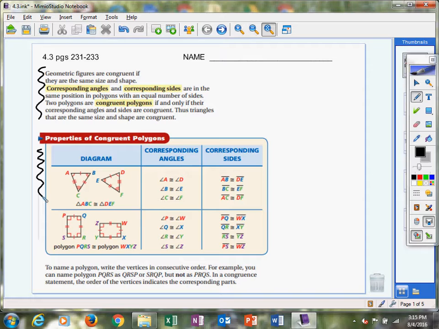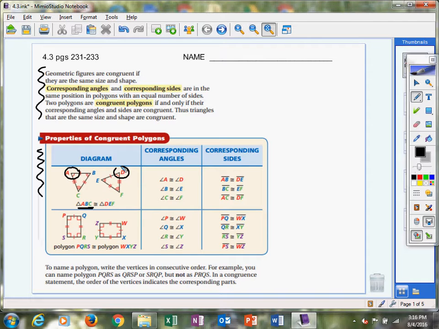So if I write triangle ABC, I just decide that's the pattern I want to follow. Then I have to find, well, where is the angle in the other triangle that has one arc marking it, and that would be right here.